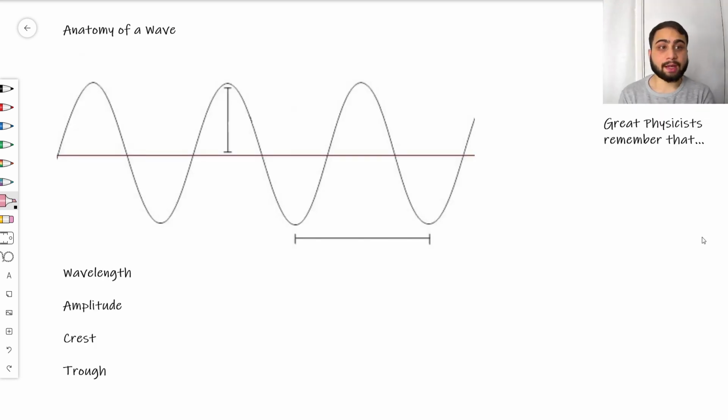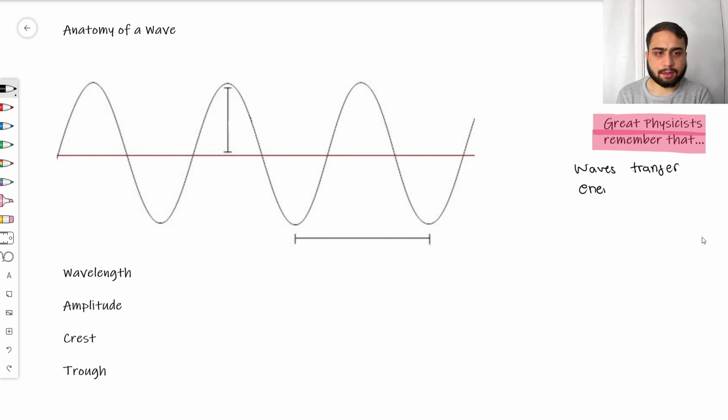Now straight away, I have here in the corner, great physicists remember that waves transfer energy and information without, let's put in capitals, WITHOUT transferring matter.